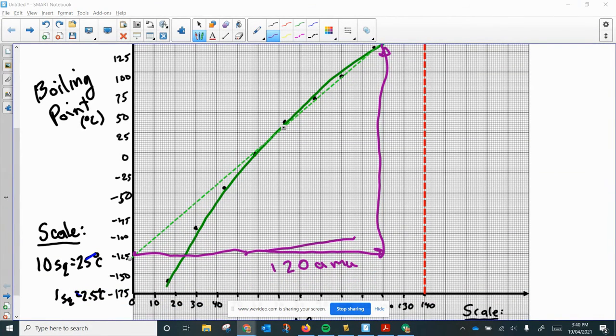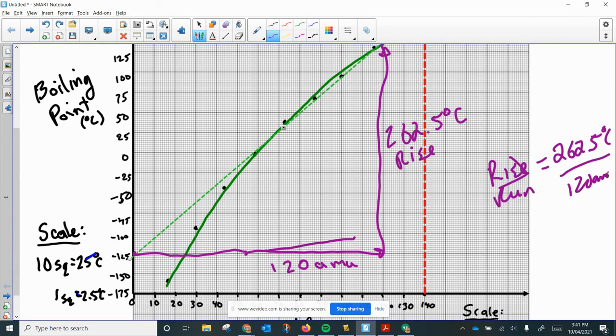Now, don't forget the scale, which is 2.5 degrees C for every square. So that would make it 262.5 degrees C. That's our rise. So if we were to do our rise over our run, which gives us our slope of 2.2.